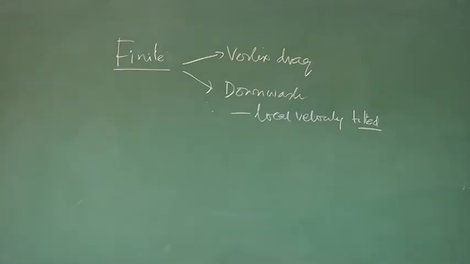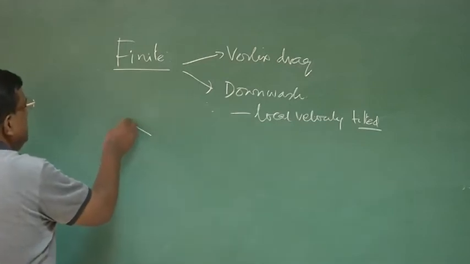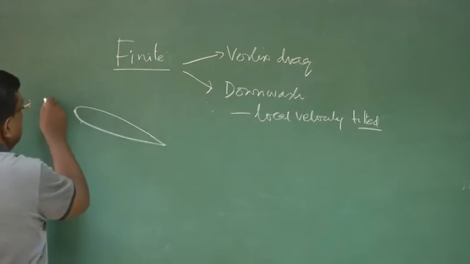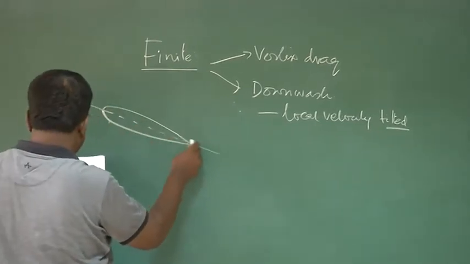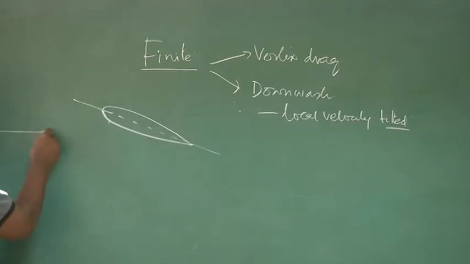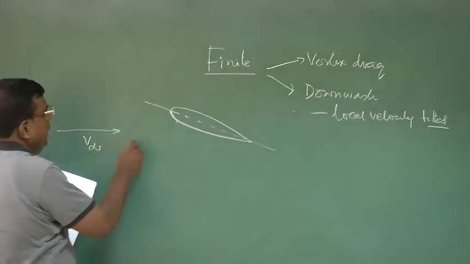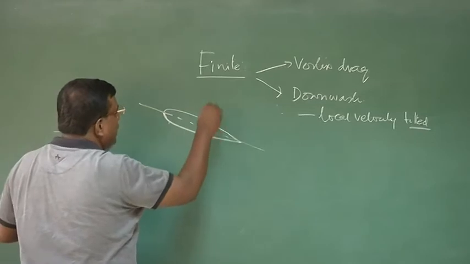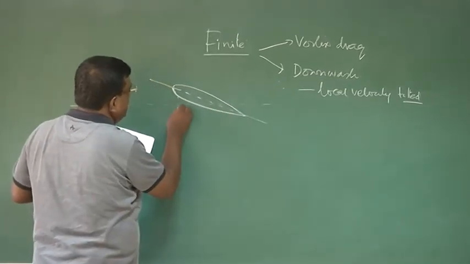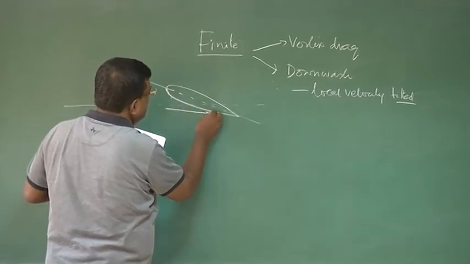Just to draw a diagram on this, let us see. This is the wing, and this is the free stream speed or velocity. As it comes close, there is a downwash, so the velocity vector no more remains straight like this, it also gets tilted like this.